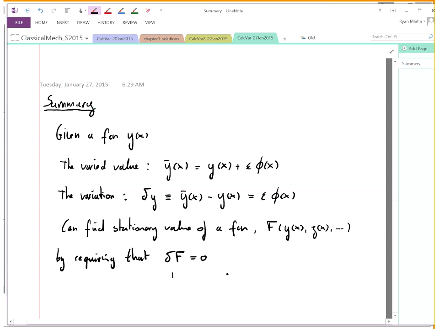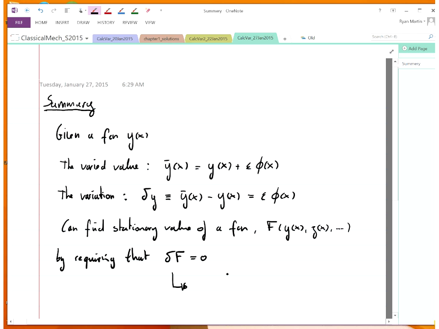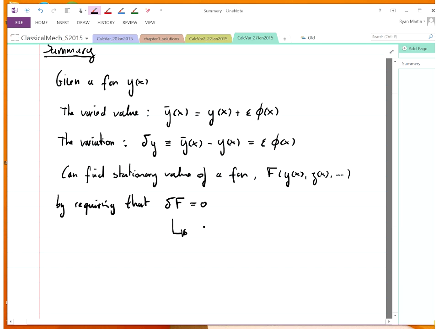And that gave us the well-known conditions that for the function to have a stationary point, the partial derivatives of that function must be 0.